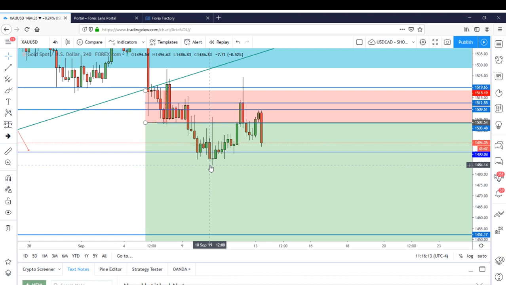So 150 pips were made there, and it was a pretty smooth, zero drawdown trade. We took partials at 25 pips, and each 15 to 20 pips we just took more profits off the table, until we finally ended at 150, at which point price rebounded from this price area at 1490.